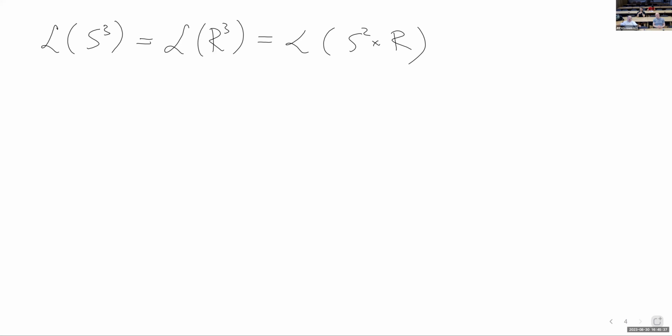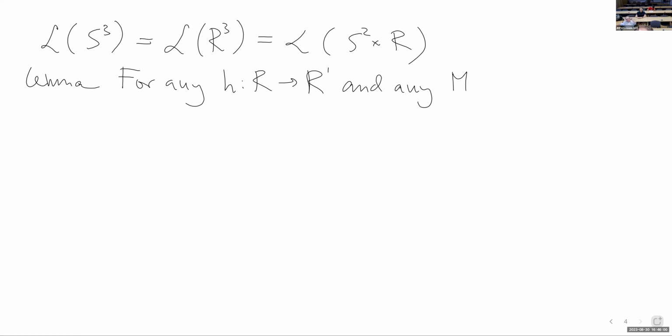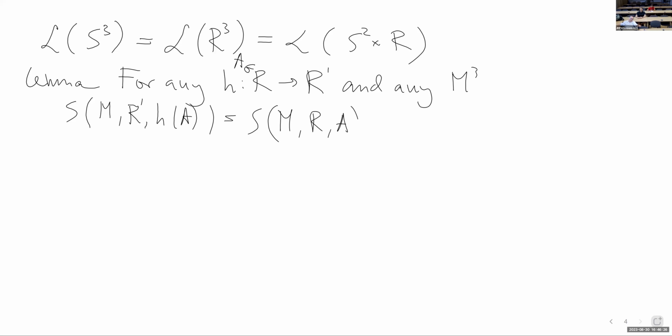A bookkeeping remark. For any homomorphism of those rings of coefficients and any three-dimensional manifold M, the skein module of M over R prime, with H of A, so there's some A here, is just the skein module of M over R tensored over R with R prime.